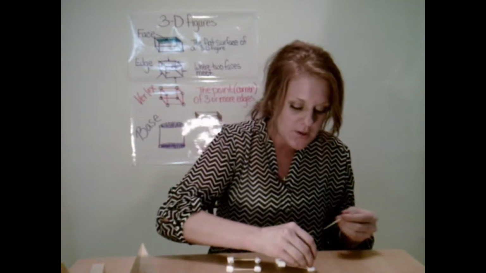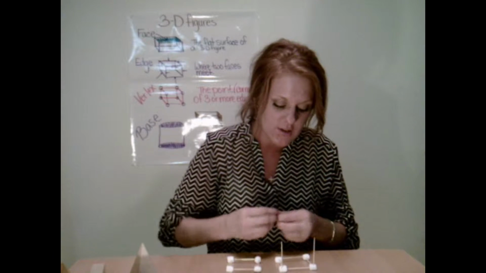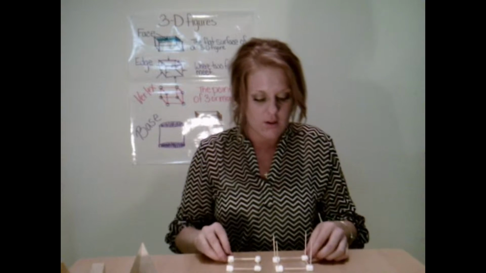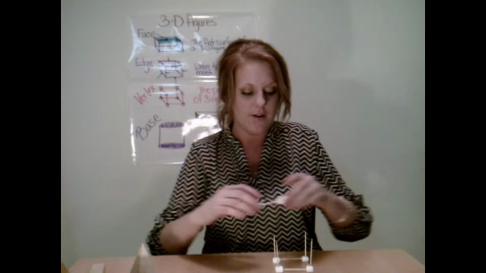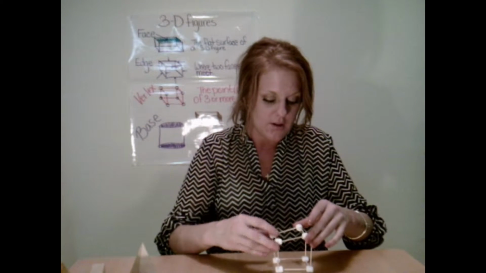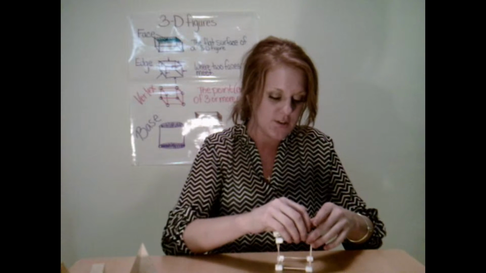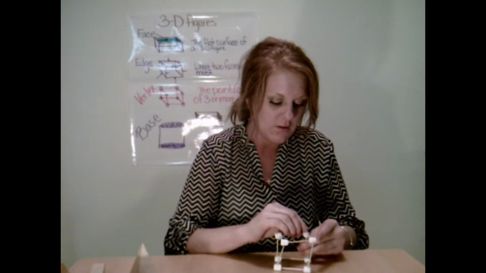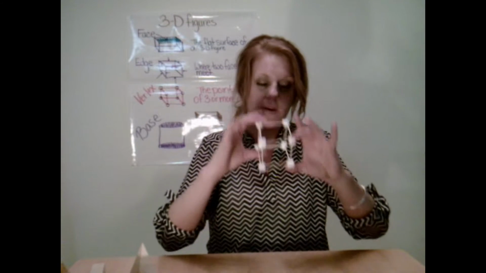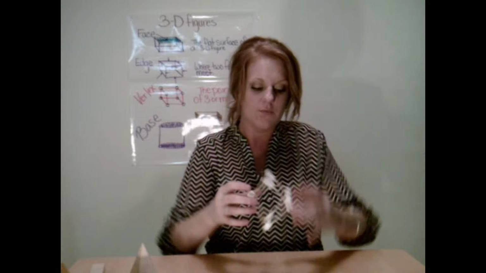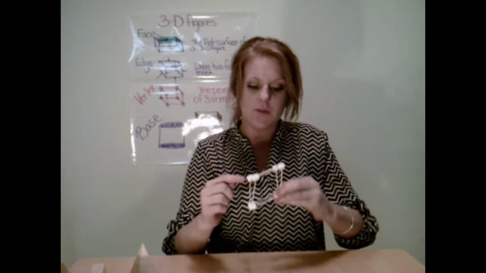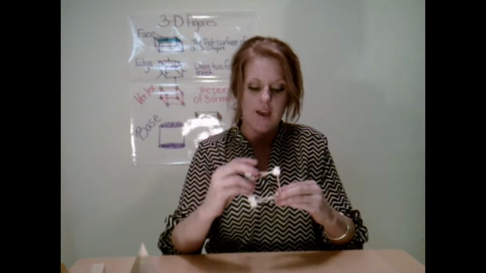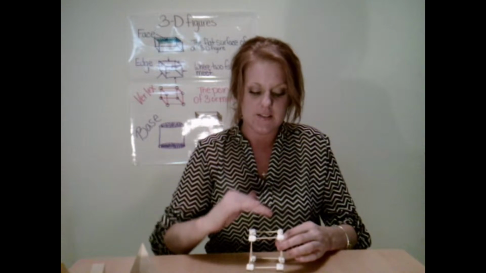So let's stick toothpicks around the outer corners of the marshmallows on the first square. Okay? Now let's get the second square and set it on top of the toothpicks of the first square. Okay, now we have a three-dimensional object where our marshmallows are our vertices, the toothpicks are the edges, and the bases are just left blank.